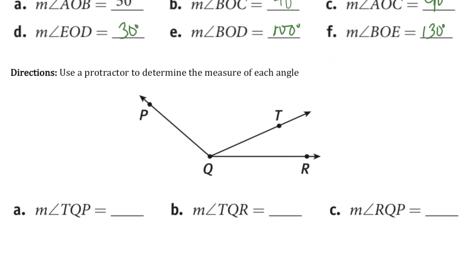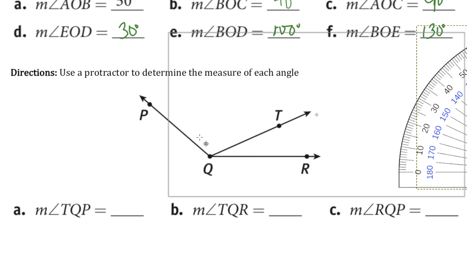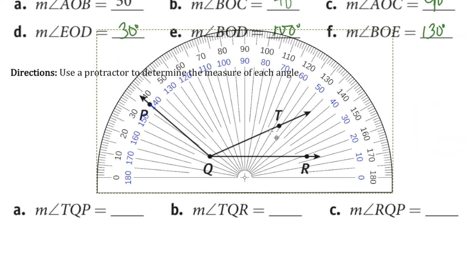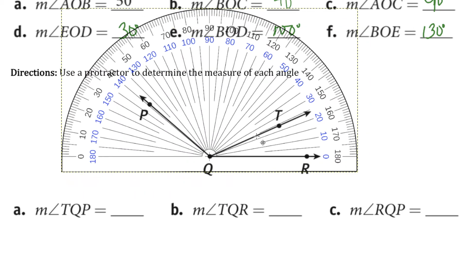Now, in this one, we are going to have to use a protractor. Look at this magic. I am going to move this protractor over here. Look at that. Amazing. Okay, good enough. So what's the measure of TQP? Now I could subtract and do all this, but I think I can rotate this.